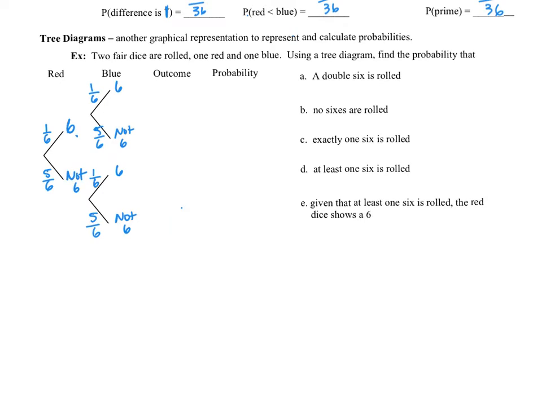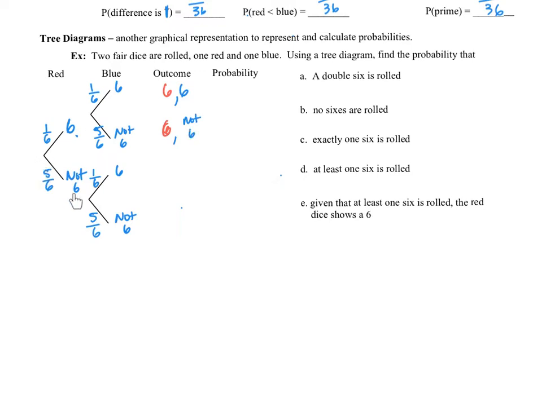I'm going to do this in color to help us out. We can get a red 6 and a blue 6. If I follow this branch, I've got a 6 and a 6, or I could get a red 6 and a blue not 6. Let's follow this path.